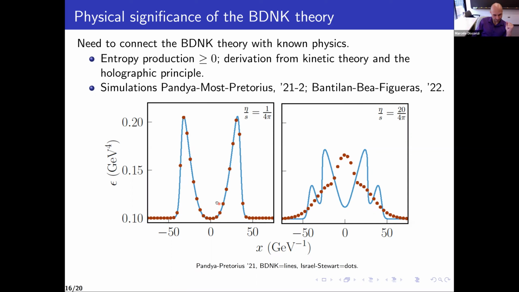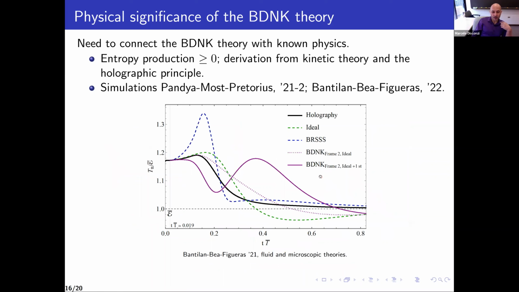They basically agree. The second plot is for large viscosity. For large viscosity, BDNK and Israel-Stewart are very different. But when viscosity is large, you are probably already outside the regime where you should be trusting either of these theories. These are results by Pandya and Pretorius.